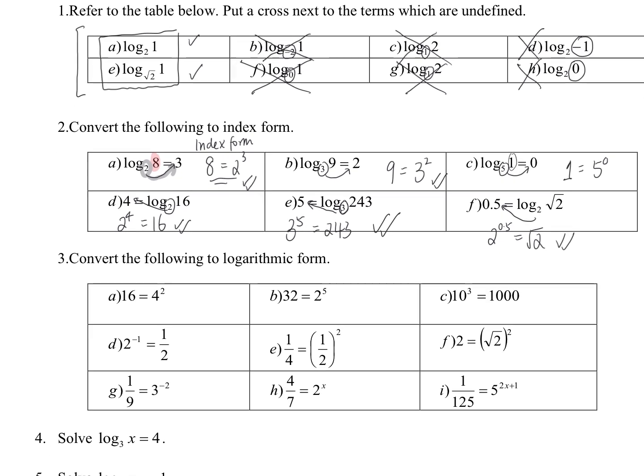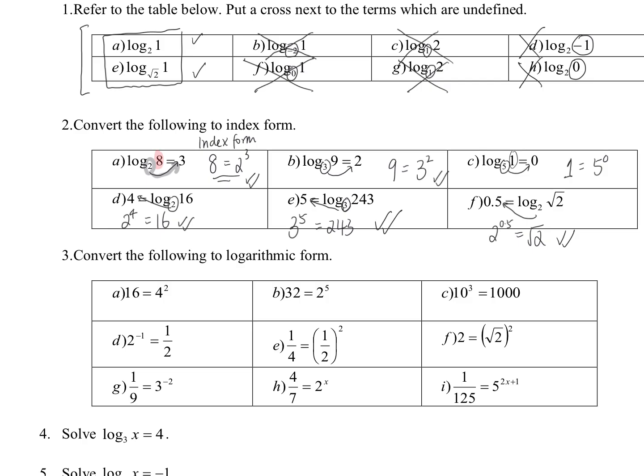Okay, how to change to log form? Log base 4. So remember, you log base 4, then the 16 is here, and then the square is here, so that when you push up, you get this. So you do the same thing. Log base 2, 32, then this is 5.